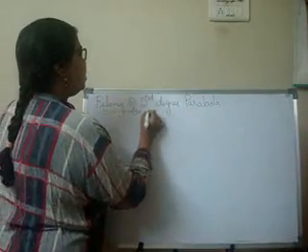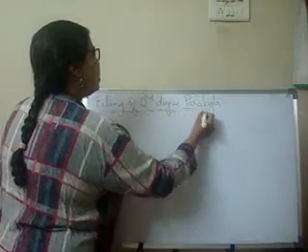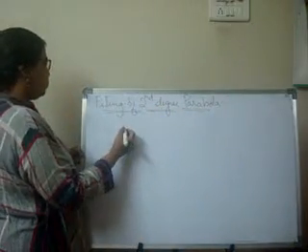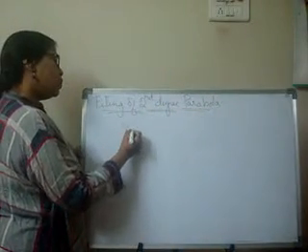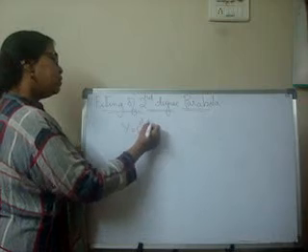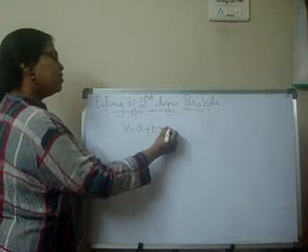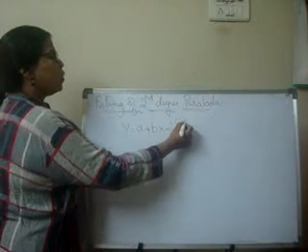The second degree parabola is nothing but y is equal to a plus bx plus cx square.